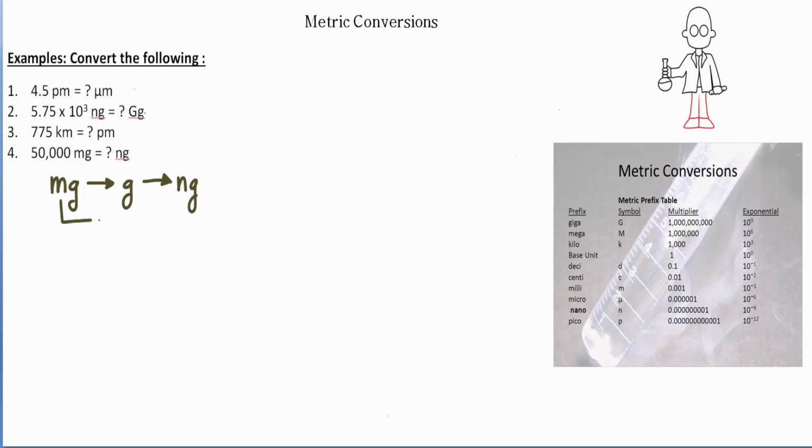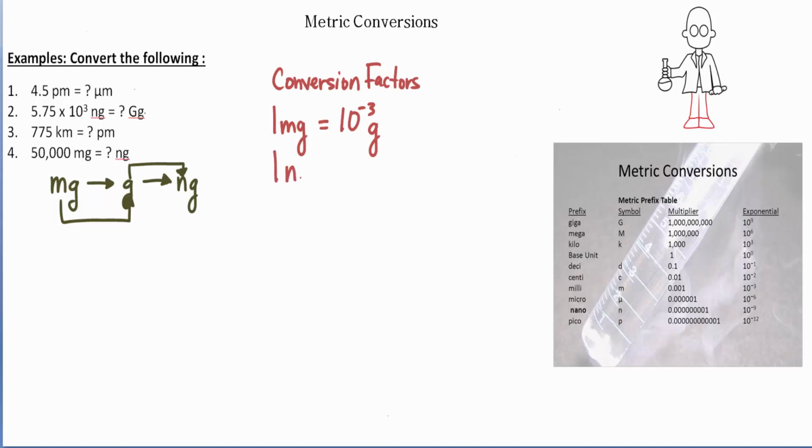So we know that we need a conversion factor between those two, and a conversion factor between those two. So let's write that out. In 1 microgram, we have 10 to the minus 3 grams.